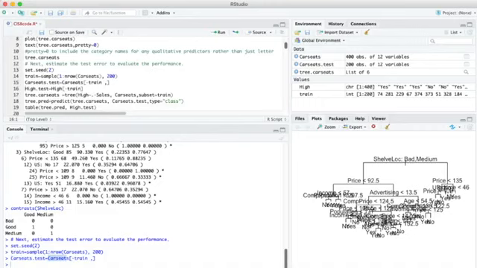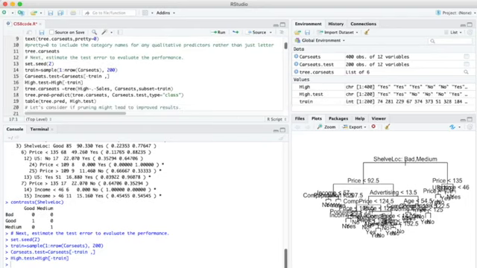Next, after the training data set, the second one is Carseats.test, which is equal to whatever is in the Carseats data set, and on the row part we put minus train, which means we remove all the training data. Then we create a new vector, hi.test, which copies hi minus the train.